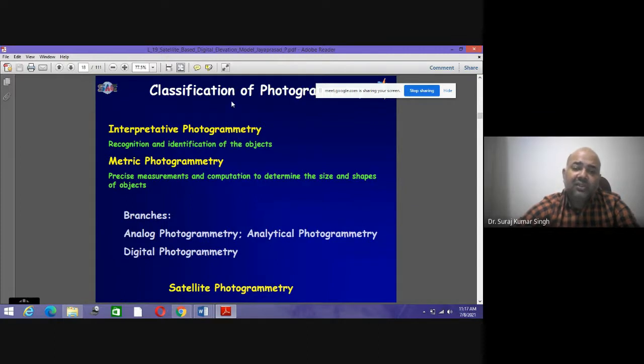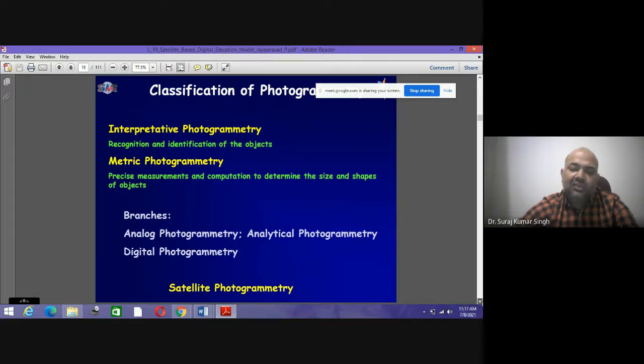There are various classifications of photogrammetry. Interpretive photogrammetry recognizes and identifies an object. Metric photogrammetry involves precise measurement and computation to determine the shape and size of the object. The branches are analog photogrammetry, analytical photogrammetry, and digital photogrammetry.